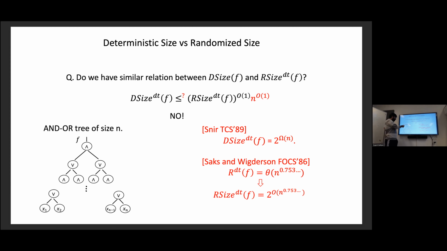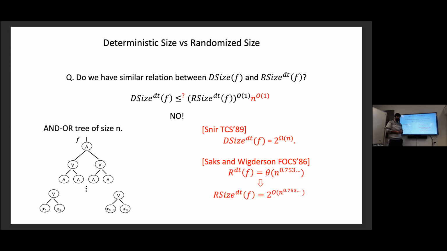And there is this example which people might have seen in other contexts. This is a function defined using a monotone formula of log n depth, where you have these alternating OR and AND gates. For this function, very early work of Snir showed that the deterministic size is omega n.